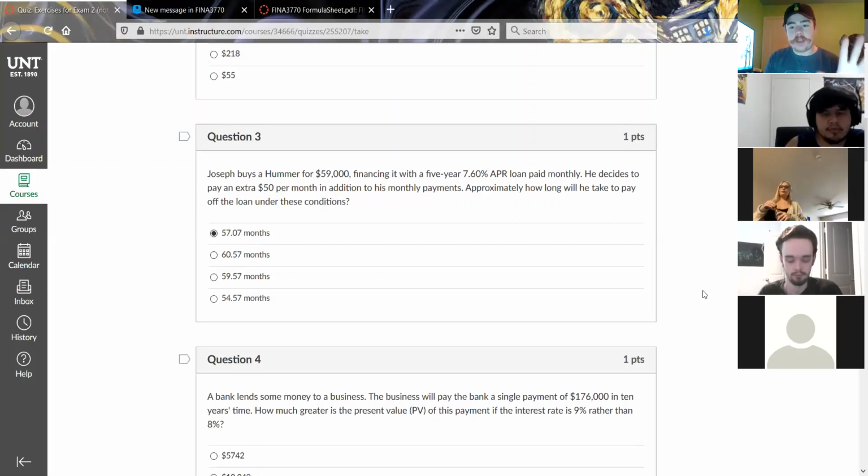Your IY is 0.6333, your present value is 59,000, and your payment is whatever you found before plus 50, and that needs to be a negative number. It ended up being 1,235 as a negative. Future value 0. Calculate for number of months, and you should get 57.07.